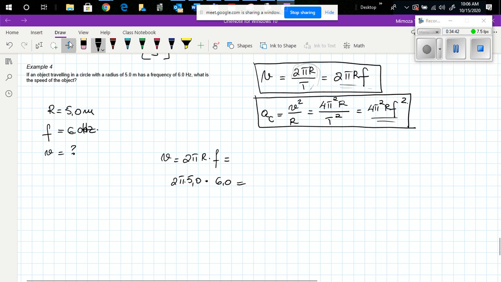And then the unit works perfectly, and using the calculator, we find the value in meters per second. So the velocity will be 188 meters per second, or you can say 1.9 times 10 to the power of 2 meters per second.